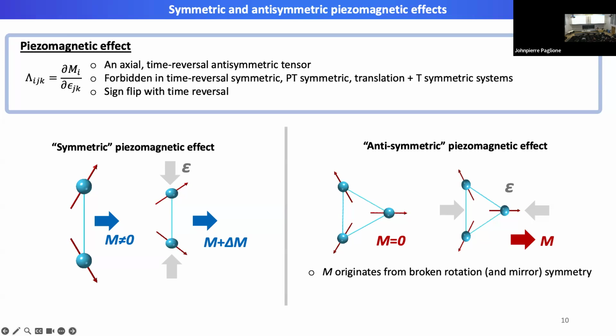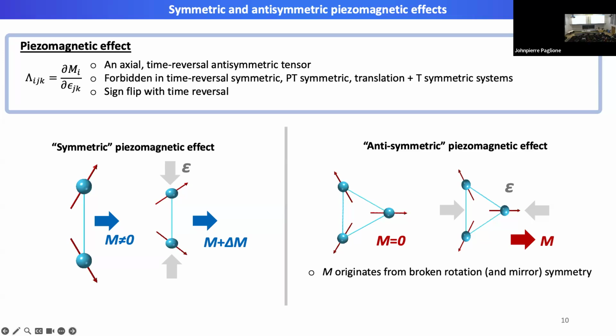So here I'm showing you an example of a triangle of three spins, which are 120 degrees from each other. Right, so this non-collinear spin structure here does not have a net moment, but if we apply a strain to break this threefold rotational symmetry, these three spins do not have to be 120 degrees from each other anymore, and therefore we can get a net magnetic moment in this case.